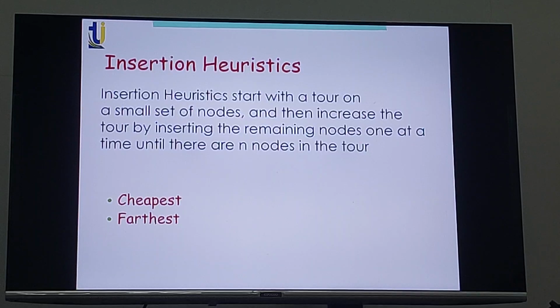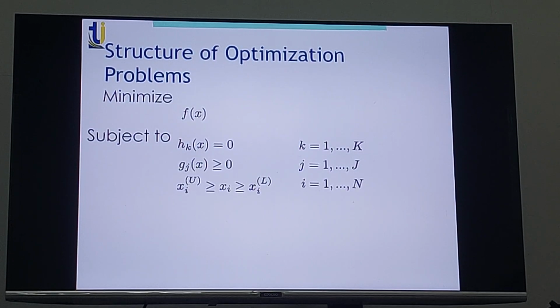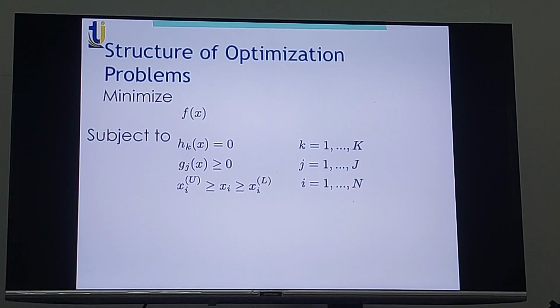And here, this is the mathematical model that we will need to make first. You have minimize f(x) as the mathematical formula for the main objective, to minimize something, say cost.